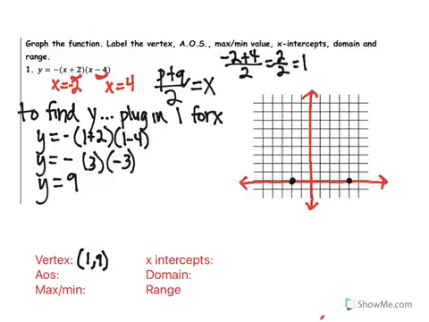Okay, what's my axis of symmetry on this? How do I find my axis of symmetry? Does anyone remember? In my vertex, what part of the vertex is my axis? Sam? It's x. 1. So 1. Please make a dotted line down, down, down for 1.